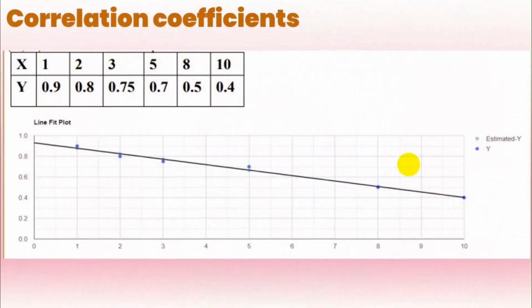In the row of X, we can see the numbers 1, 2, 3, 5, 8, and 10. In the row of Y, we can see 0.9, 0.8, 0.75, 0.7, 0.5, and 0.4.